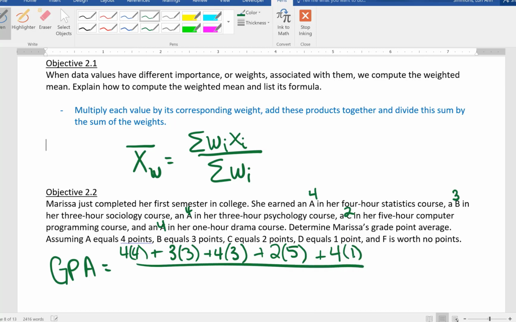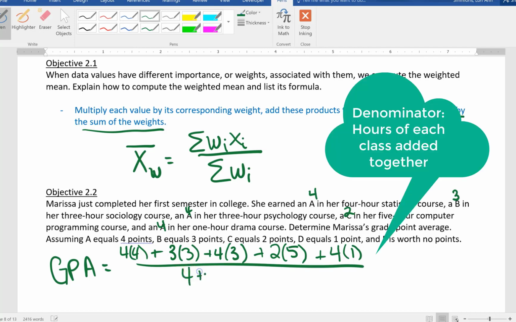Now you need to divide the sum by the sum of the weights. So how many hours was she in class? So 4 plus 3 plus 3 plus 5 plus 1. Because that's going to change. The A is always going to be 4, the B is always going to be 3, and so forth.